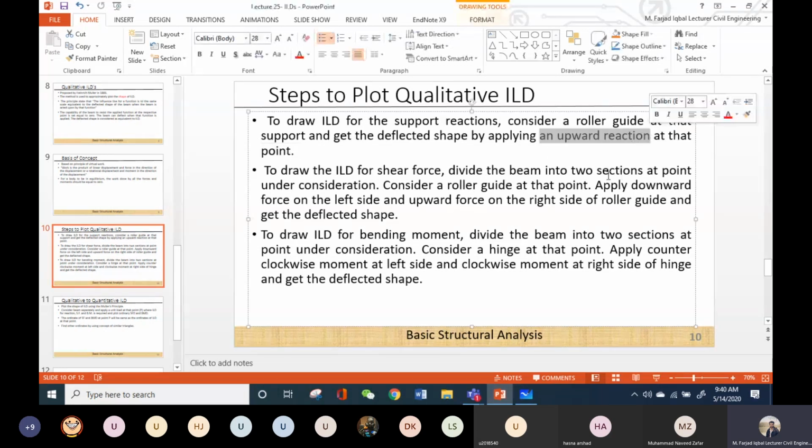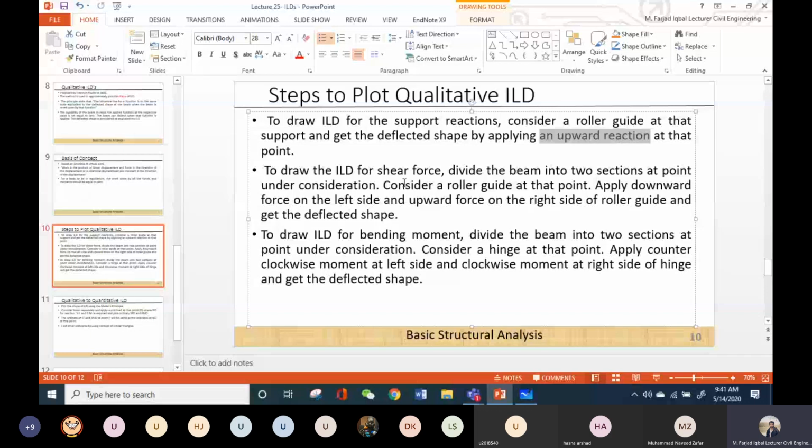Now, someone asked why we are taking only the upward direction, or in the case of shear, why we take downward on the left side and upward on the other side. We basically make this a convention. This convention is the right one. If we take the other convention, that will give us the negative result. So it doesn't matter.